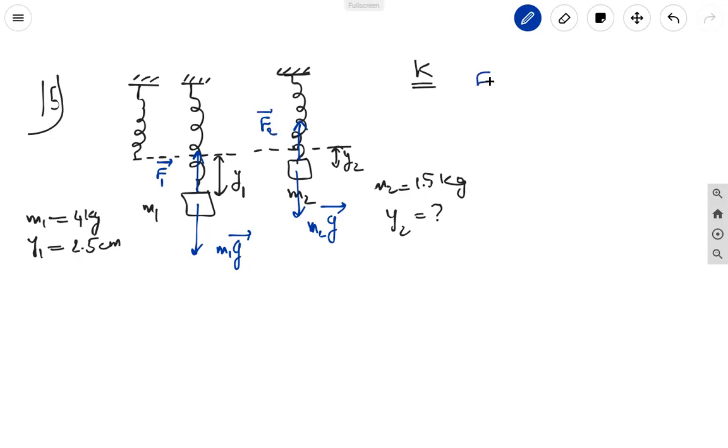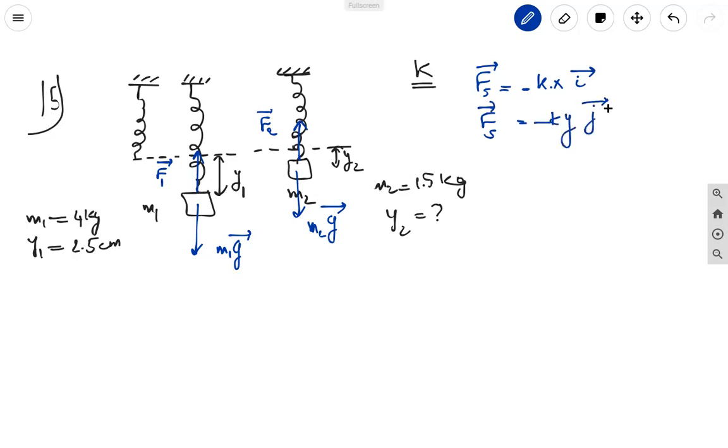We have seen in the lecture that a spring force, which we denote by Fs, is given by minus K times X, where X is the elongation, and the minus sign says that this force opposes the elongation. So if the spring is stretched along positive X, then Fs would be opposite in direction. In our case the elongation is along Y, so the spring force is equal to minus K times Y.